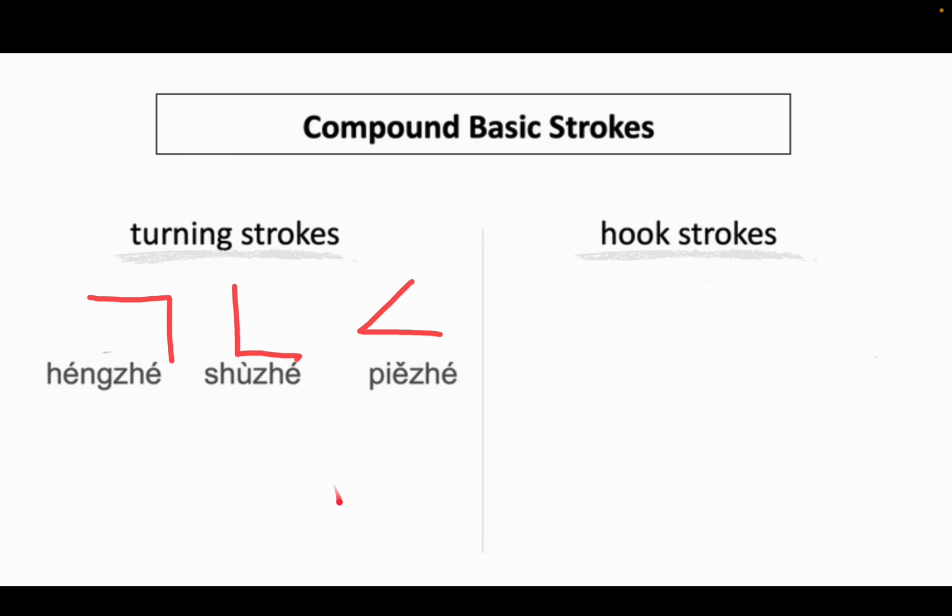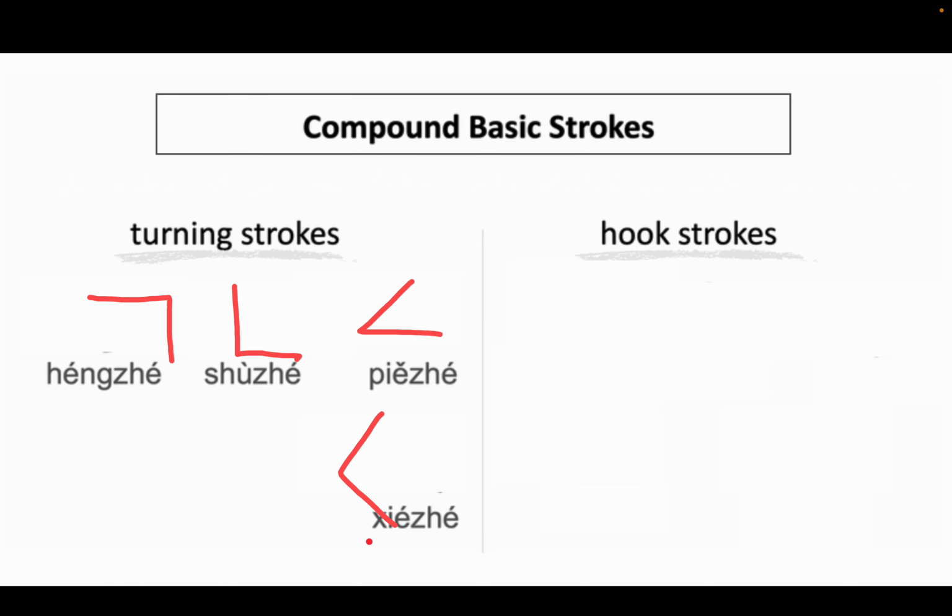All right, next one. Can you write down 斜折? Because in Chinese, stroke 斜 means slant.